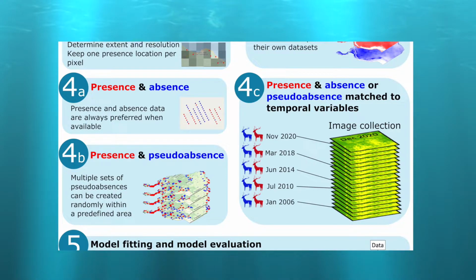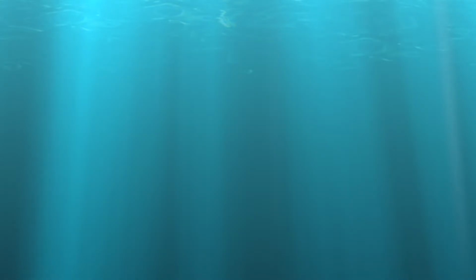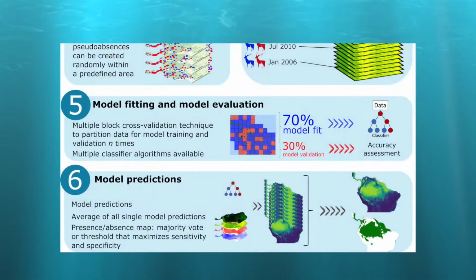Let's say you have a presence from 2002, and at that point there was a forest cover, but if you are using an image from 2020 where that forest doesn't exist anymore, then the relationship between the presence location and the covariable may have a temporal mismatch. So Earth Engine will give you the opportunity to account for that temporal aspect of the data.